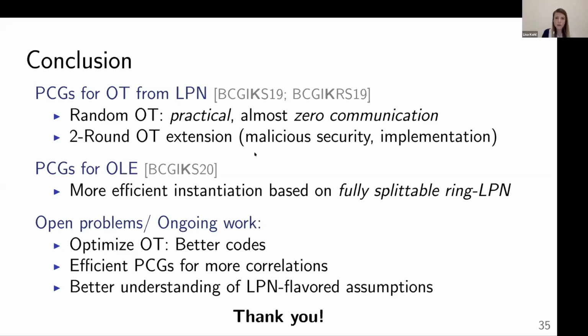The next question is: in the PCG for OT from learning parity with noise, how does one of the parties get the value PRF_K of alpha plus delta in two rounds? For OT it's actually quite simple, because the sender can just send it, because the sender can evaluate the pseudorandom function. Oh no, this is of course wrong, because he doesn't know where alpha is.